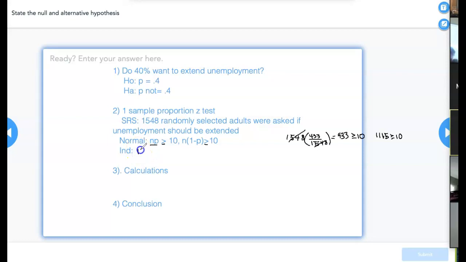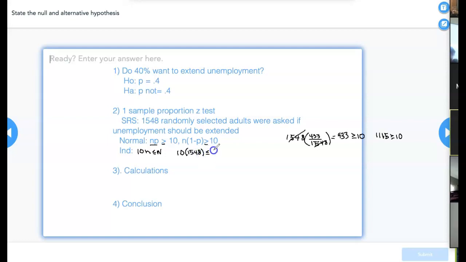Independence, 10 times n is less than or equal to the population. So the 10% rule applies here. 10% of the population, well, the sample is 1548, which is 15,480.